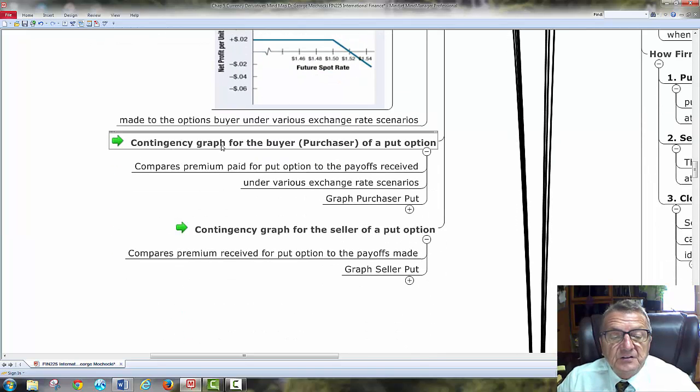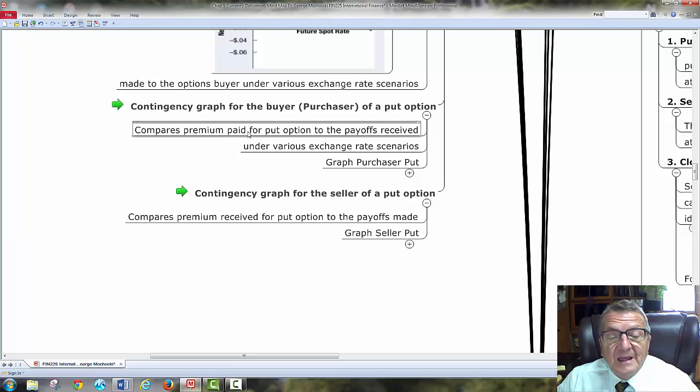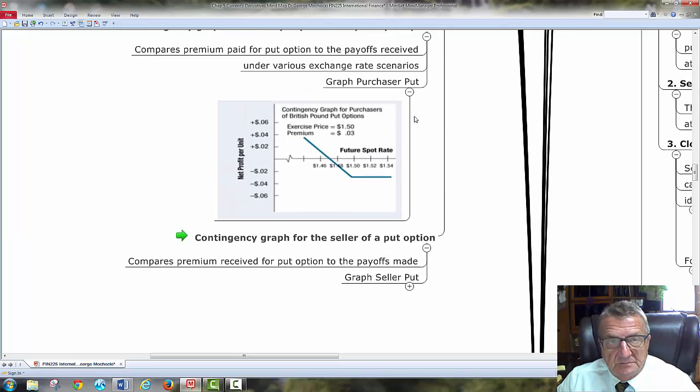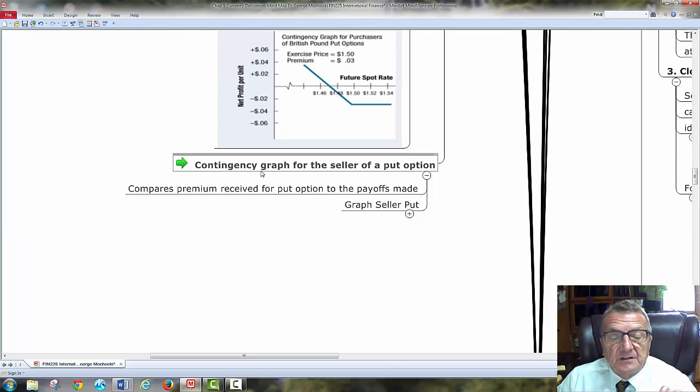Okay, contingency graph for the buyer, the purchaser, of a put option. It compares the premium paid for the put option to the payoffs received under various exchange rate scenarios. And here's the put. Remember, if you forgot it, stop it, look at it. Okay, contingency graph for the seller of a put option.